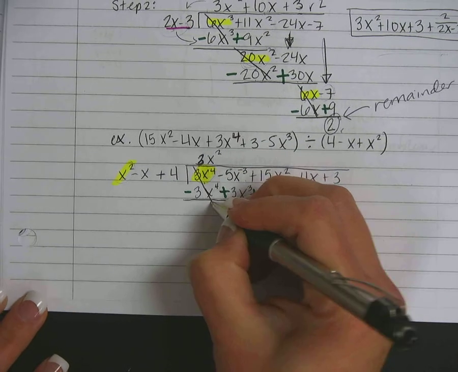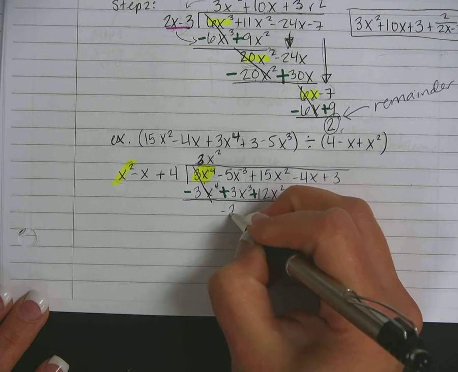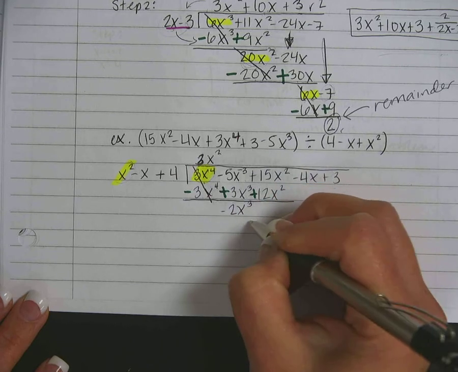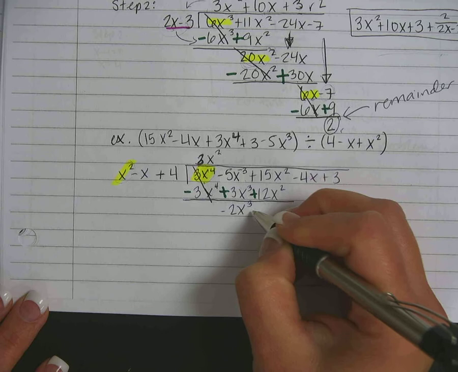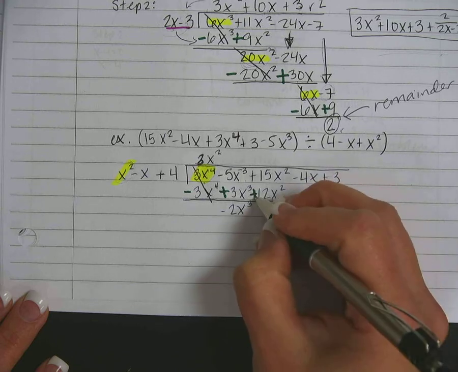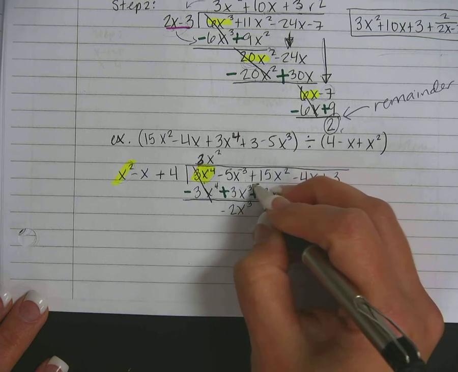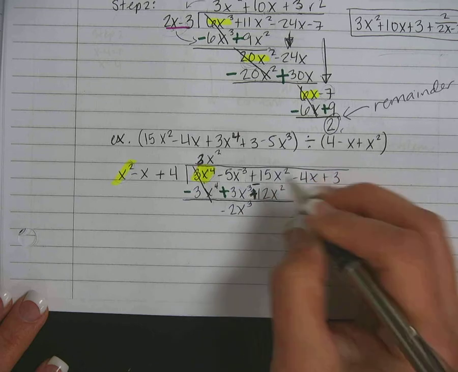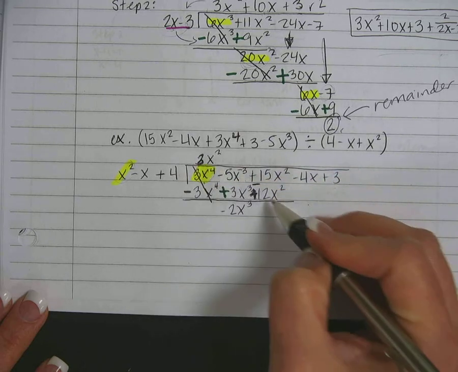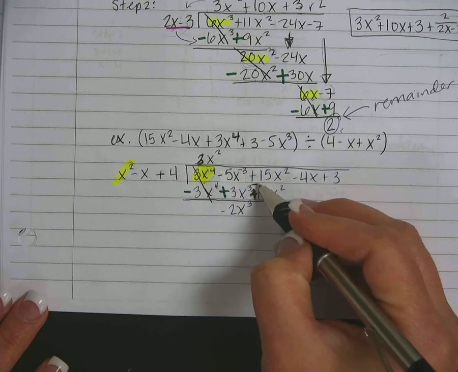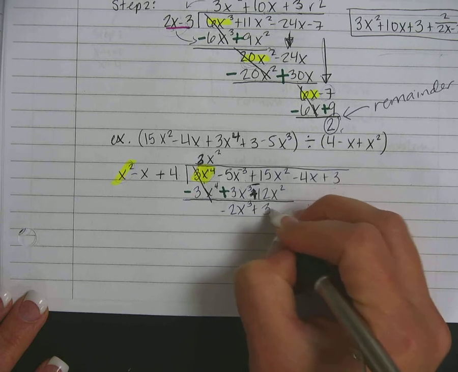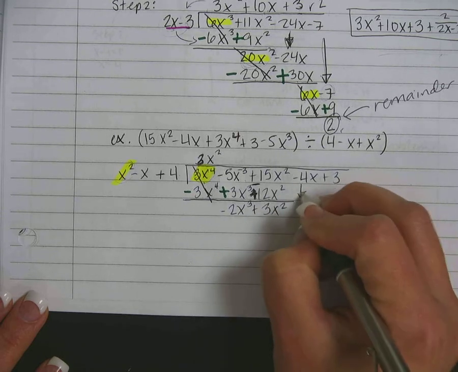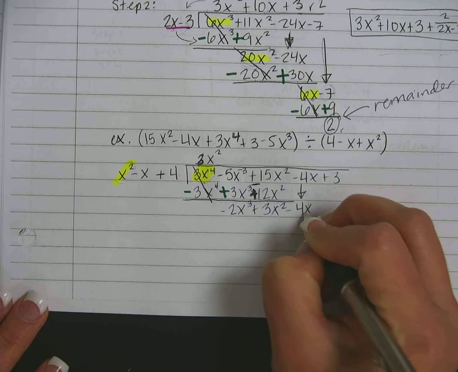These are going to cancel. This is going to be negative 2x cubed. Or this had been a positive, it changed to negative. 3x times 4 is positive 12x squared, and then it changed to a negative. So this is plus 3x squared, and then I drag down my negative 4x.